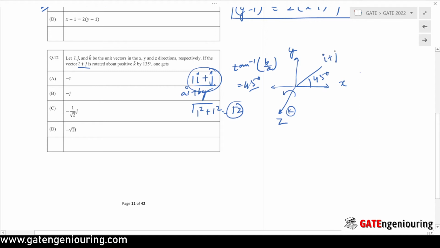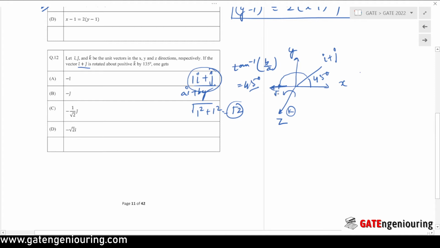Okay, i plus j is at 45 degrees, and if it is rotated by an angle of 135 degrees, then from here, by an angle of 135, it will land on the horizontal x-axis in the negative direction. Okay, and what was the length of the vector i plus j? The length of that is under root 2.